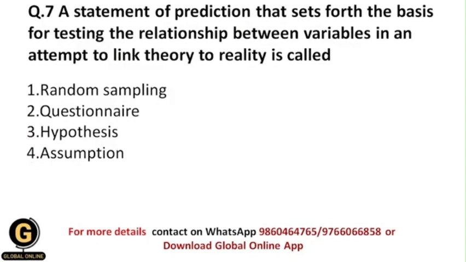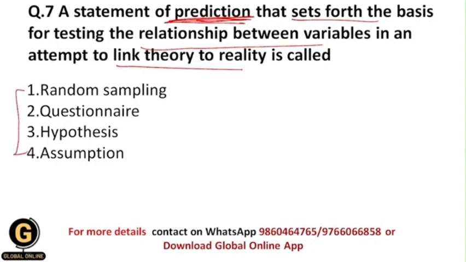Okay. A statement of prediction. Now here, focus on the word prediction, that sets forth the basis for testing the relationship between variables in an attempt to link theory to reality is called. So from these options, which is the statement of prediction?